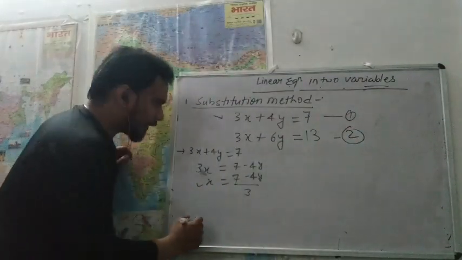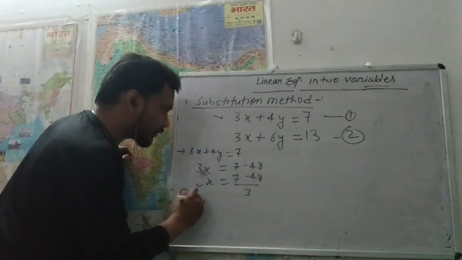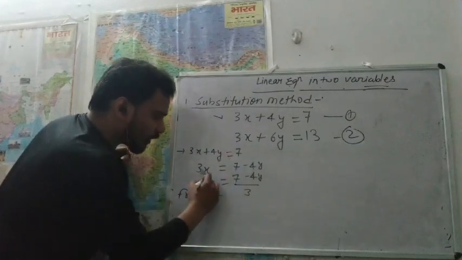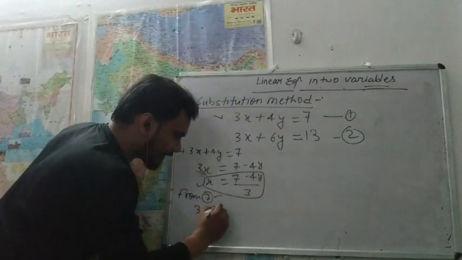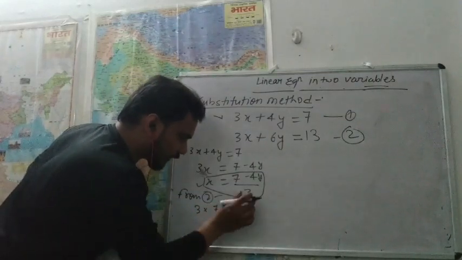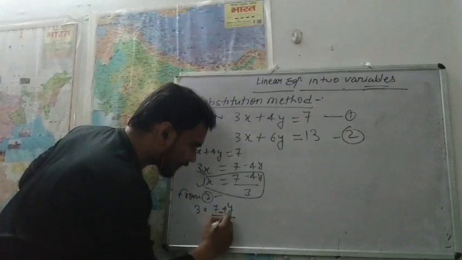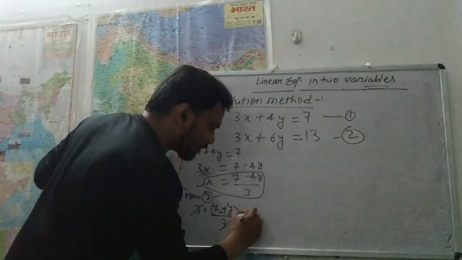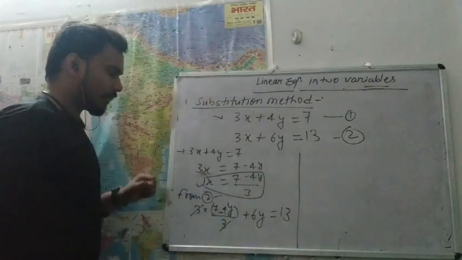So now it's 3 times the value of x from equation 1 in equation 2. That is 3 multiplied by (7 - 4y) divided by 3. The 3 and 3 cancel out, and the next term was plus 6y, which equals 30.